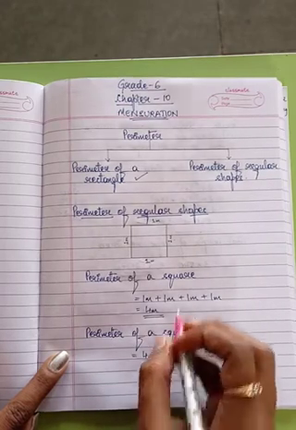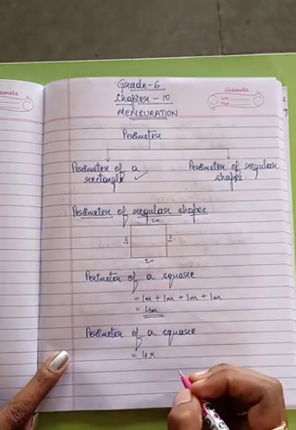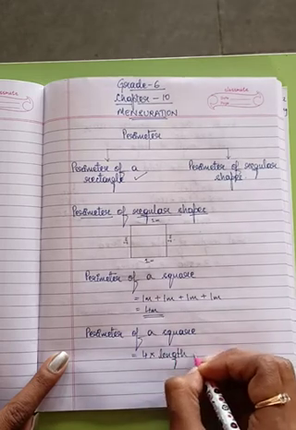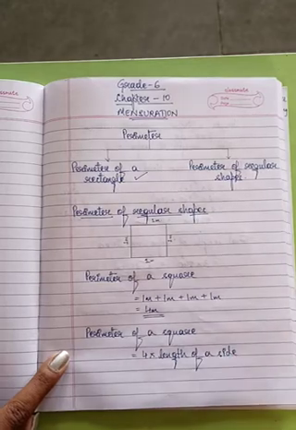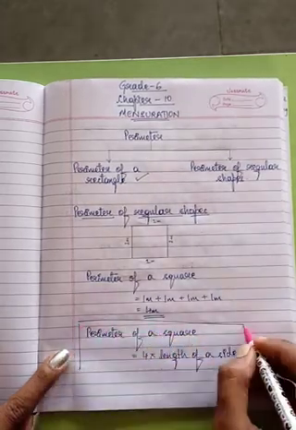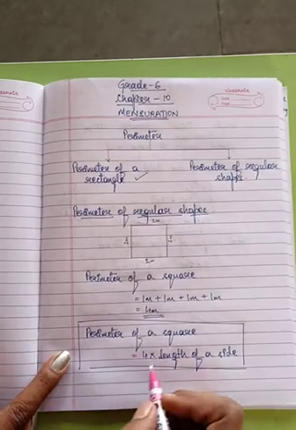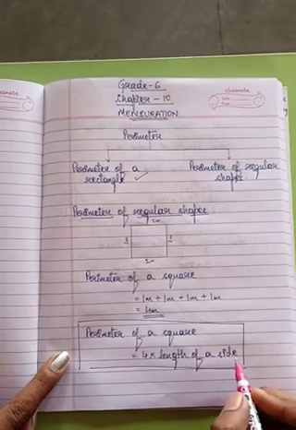Why 4? Because there are 4 sides. 4 multiplied by length of a side. So this is the formula you need to remember. Perimeter of a square is equal to 4 multiplied by length of a side.